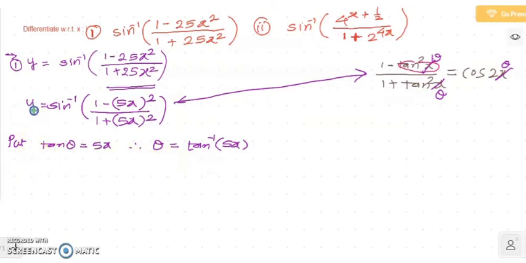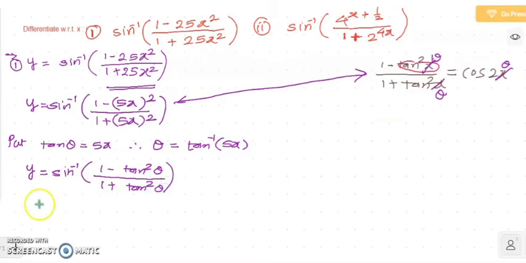Now get back to your expression of y. y is now equal to sine inverse of 1 minus, now 5x is tan theta, so it is tan square theta, upon 1 plus, again 5x square means tan square theta, which is nothing but cos 2 theta, which is sine inverse of cos 2 theta.